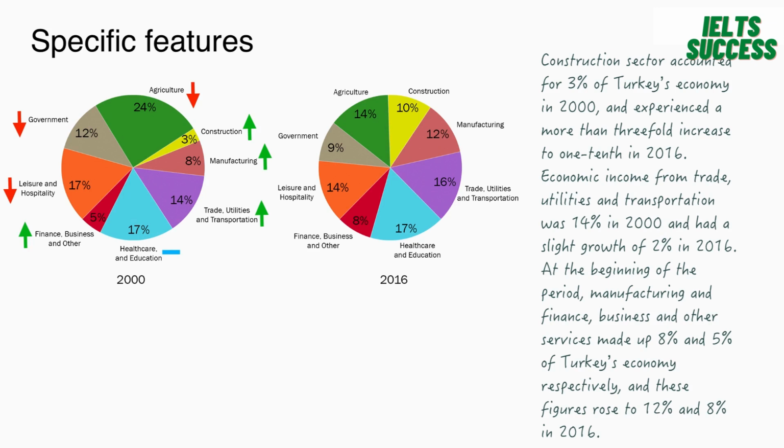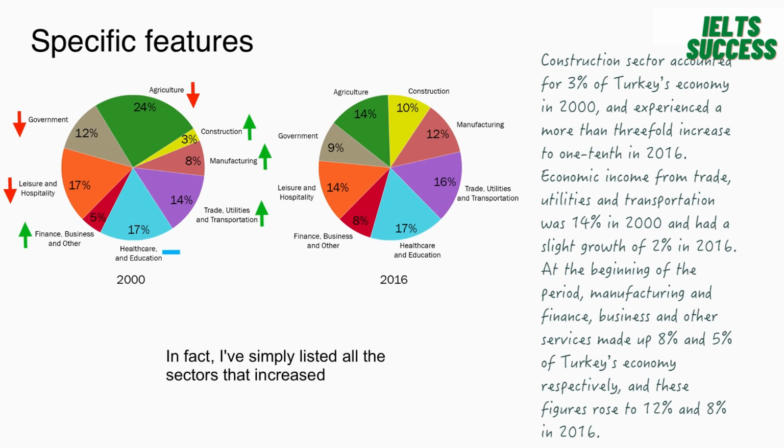At the beginning of the period, manufacturing and finance, business and other services made up 8% and 5% of Turkey's economy respectively, and these figures rose to 12% and 8% in 2016.